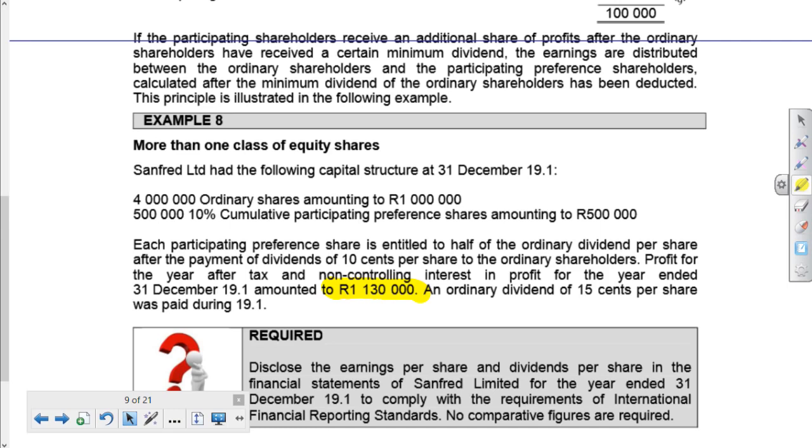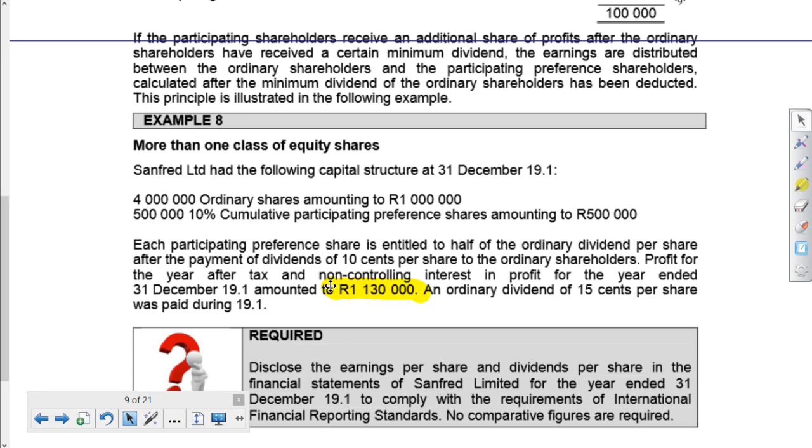The way the information is given is a little bit complicated because, first of all, we have cumulative prefs, so they will immediately get a dividend always. It says each participating pref is entitled to half of the ordinary dividend per share after the payment of dividends of 10 cents a share to ordinary shareholders.